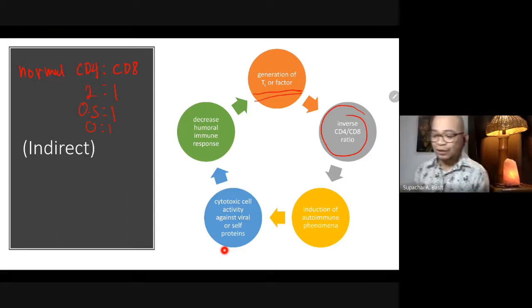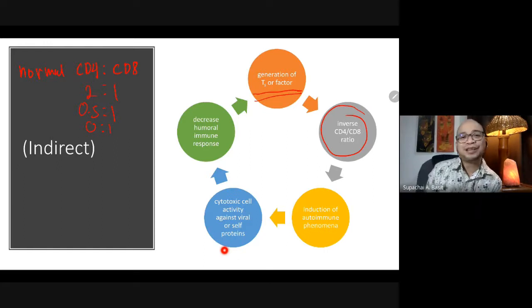So that's what we meant by the reverse CD4 CD8 ratio. There would be induction of autoimmune phenomena, cytotoxic cell activity against viral or self proteins, and decreased humoral immune response.